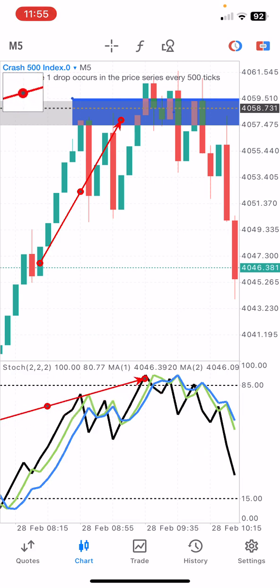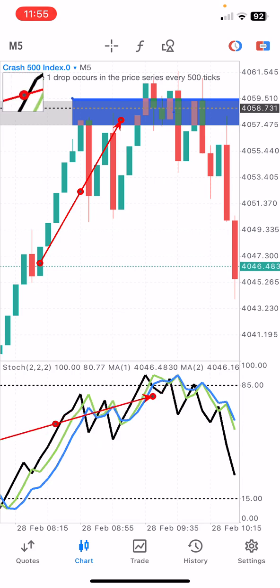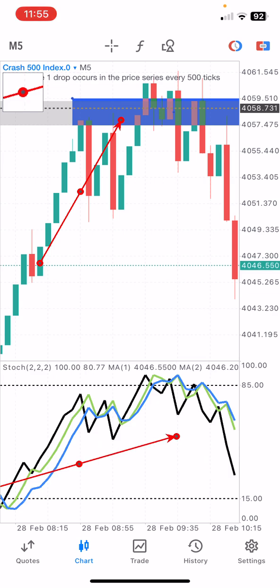They cross over each other, which means the black line, which is the number 1 line, has to break below the other 2 moving averages. Then you want to wait for the retest. The retest means the moving average that broke has to come back and touch the moving average once again. We wait for the sweep, wait for the retest, and then we sell.